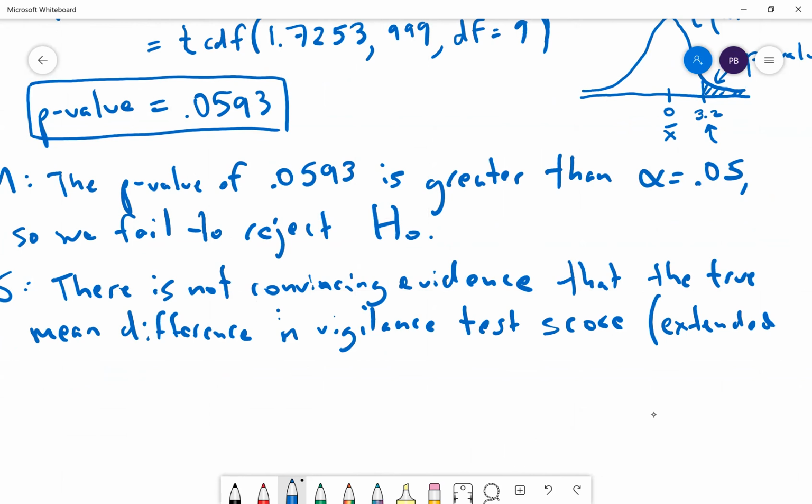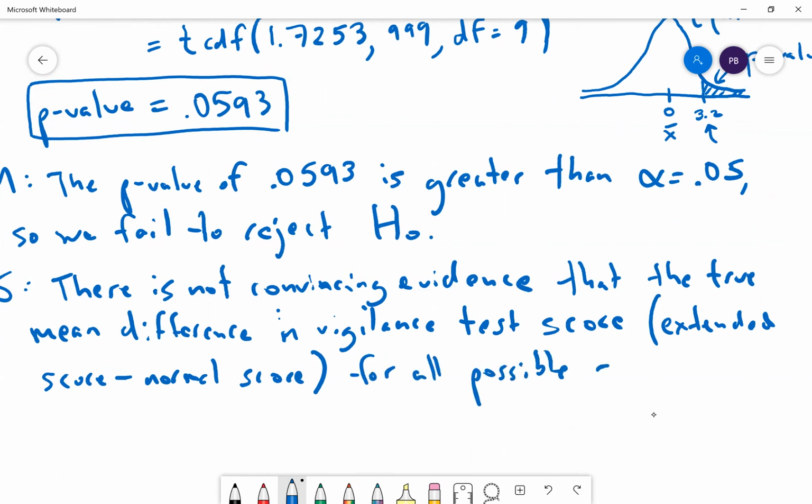So I'll just put extended score minus normal score for all possible subjects is greater than 0.